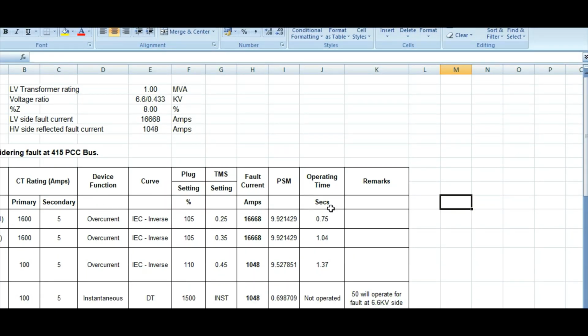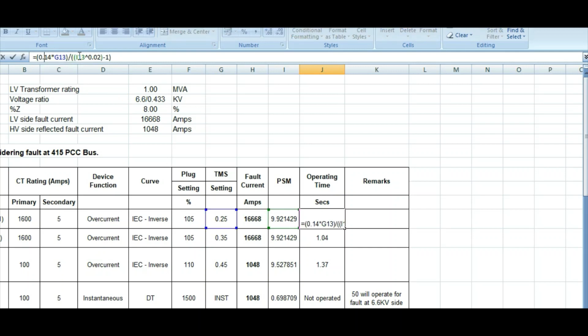Let's show another example. This is one of the project examples. Here is the calculated fault current and the PSM, the plug setting multiplier, and here is the operating time. You can see the formula here.